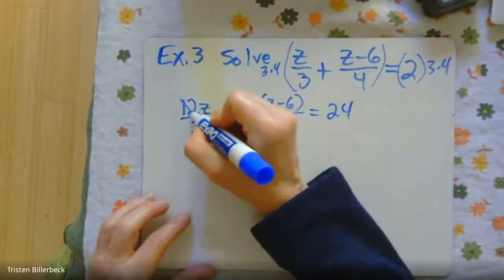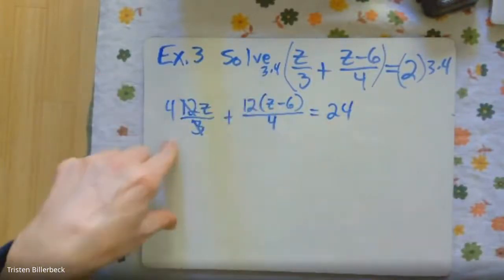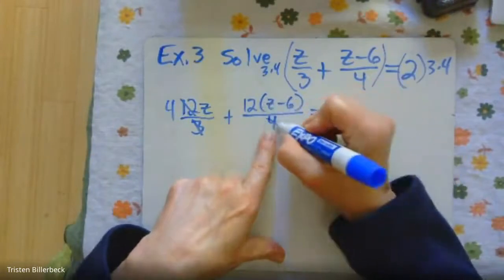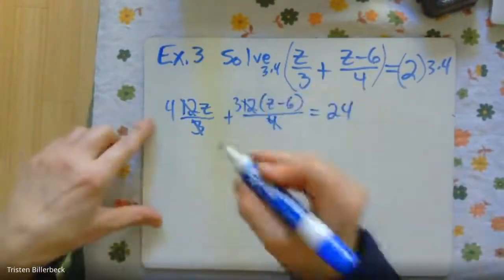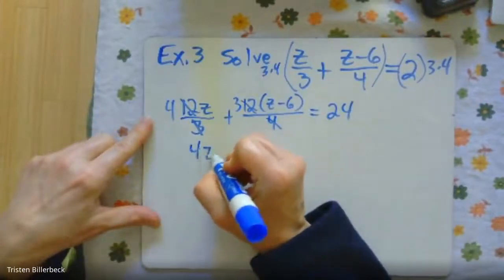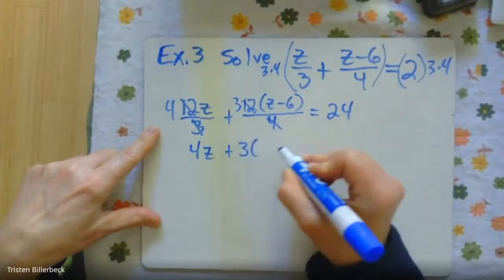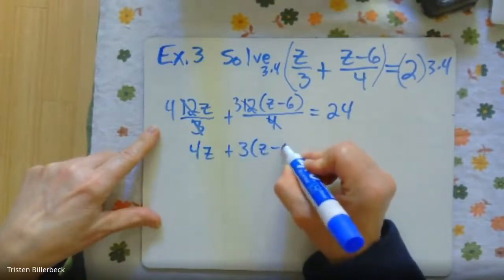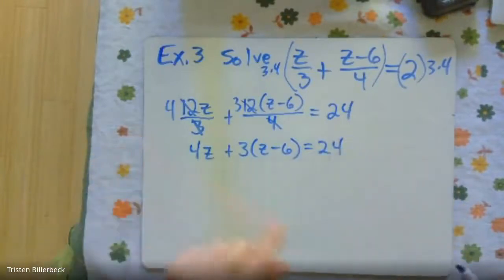So we can see that there are 4 3s in 12, and there are 3 4s in 12. So now we have something a little simpler. So we have 4z plus 3 times z minus 6 equals 24.